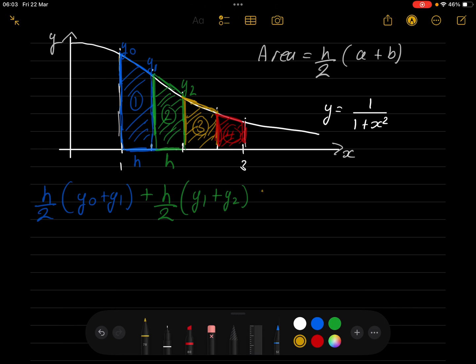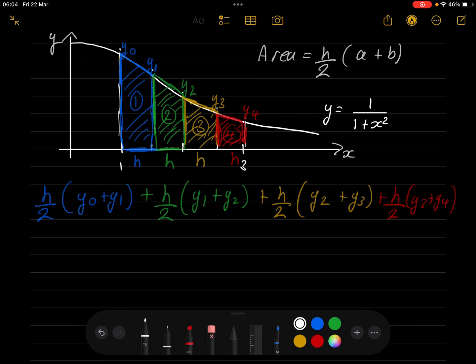Repeating the calculation for the yellow trapezium, the width is the same for each of them, h over 2. That first side has length y2, and this side has length y3. And a corresponding calculation for the last one gives the height is the same, so y3 plus y4.